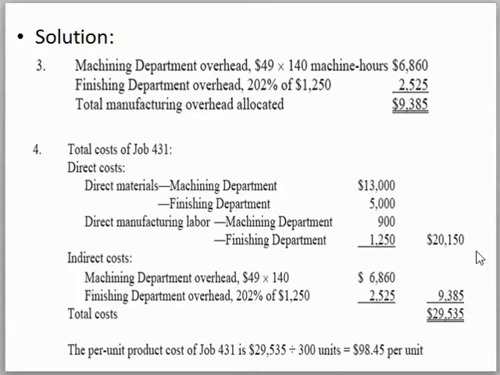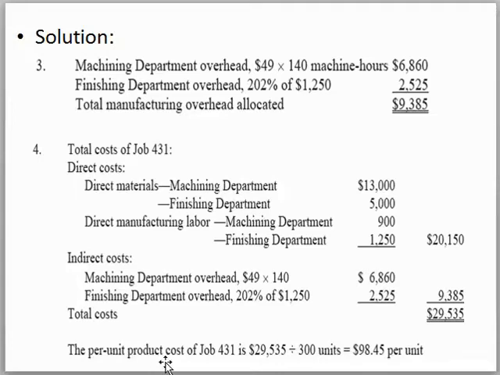By adding the direct cost with the indirect cost, we will get the total cost of the job $29,535, and dividing this total cost by the number of units, we will get the cost per unit.